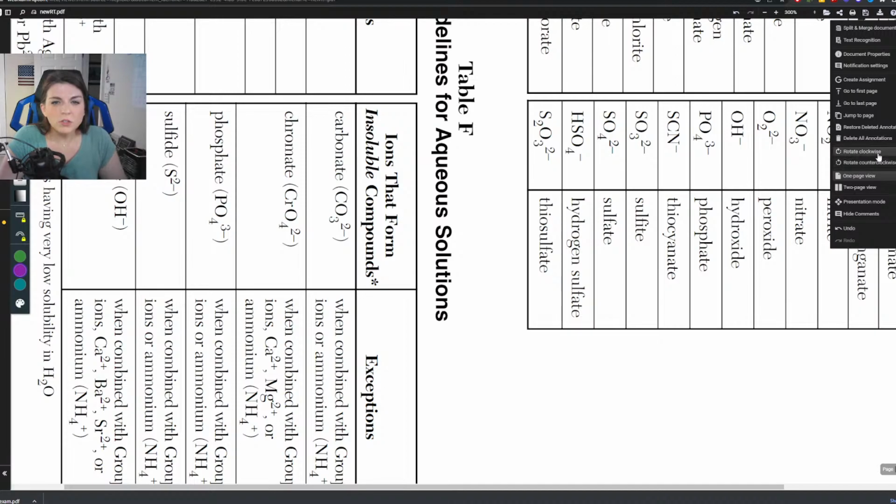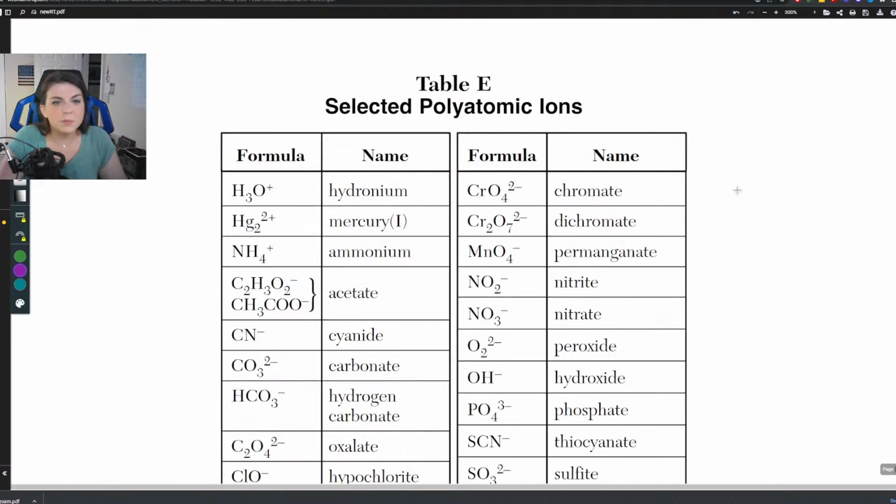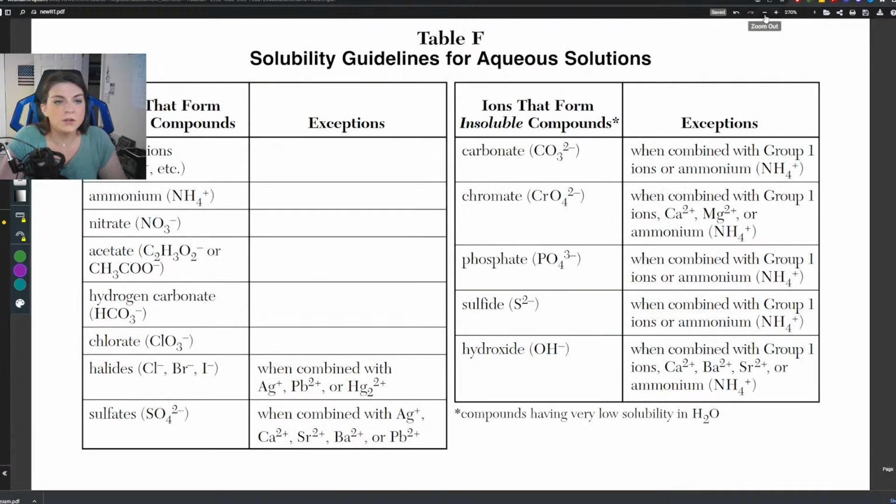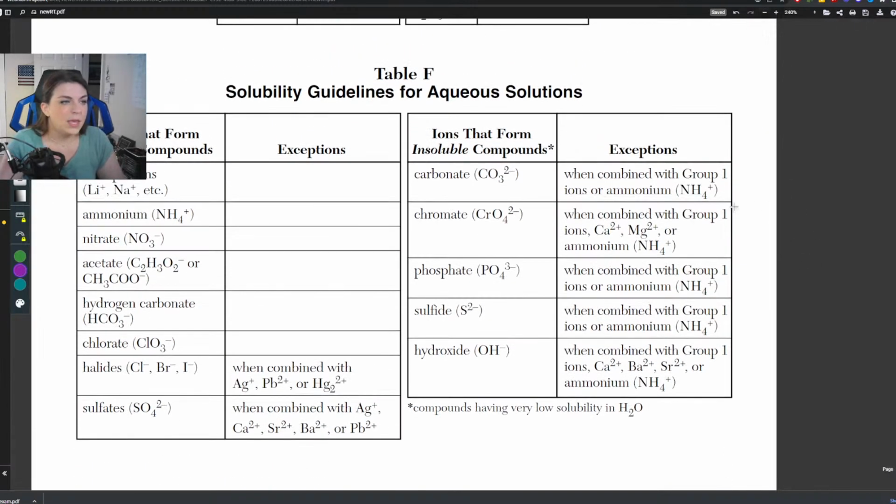Table F used to be one of my least favorite tables, but it has become one of my most favorite tables because I figured out the perfect way to read it. Reading table F is not that much of a nightmare if you circle these inner 2 columns. Sorry, this tablet is not my favorite.